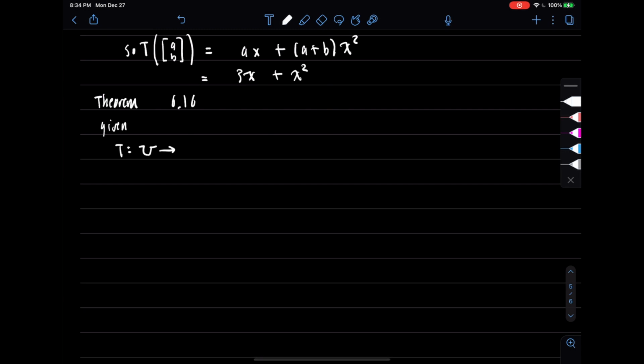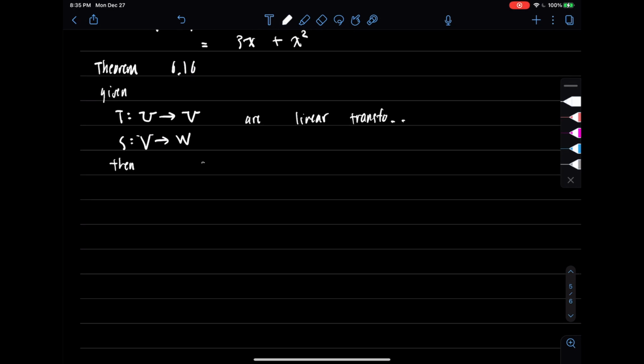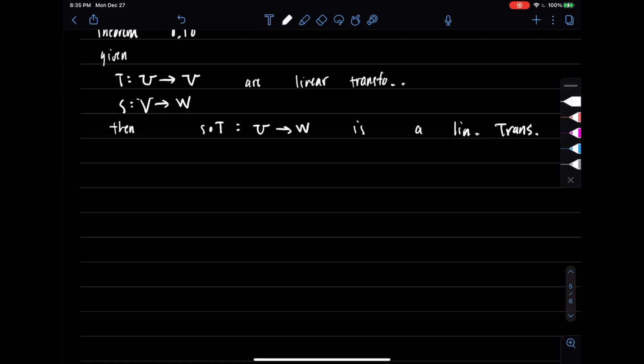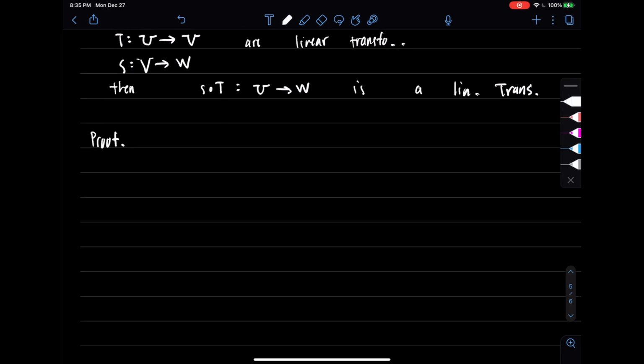So let's consider Theorem 6.16, where we have two linear transformations as in the previous example. We know that if these two are linear transformations, then the composition S of T is also a linear transformation. So let's try to prove this.